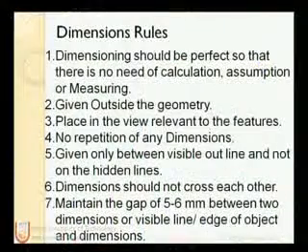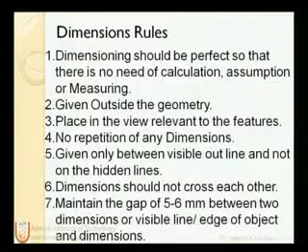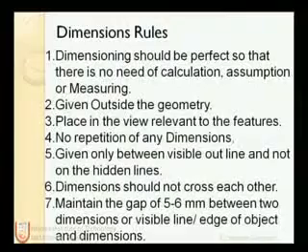Next one is it should not cross each other. Well, the crossing of the dimension is very poor practice. If the dimensions are given inside the geometry, there are many chances that the extension line will cross the dimension line, and hence there will be a confusion in reading and it will be a poor practice. So the crossing of the lines of dimension is prohibited and it should not be practiced.